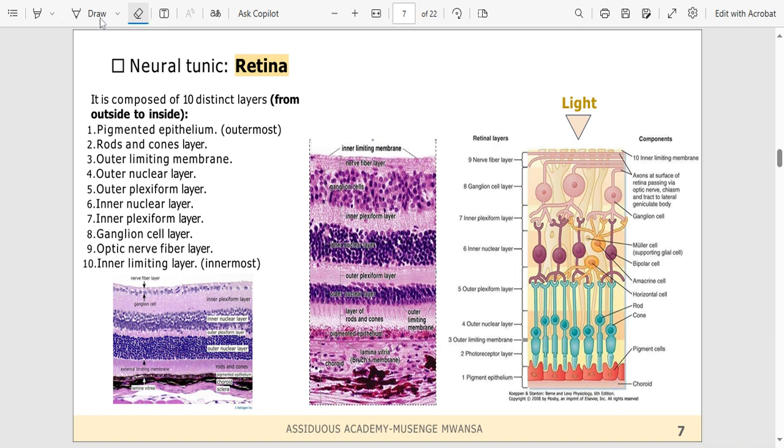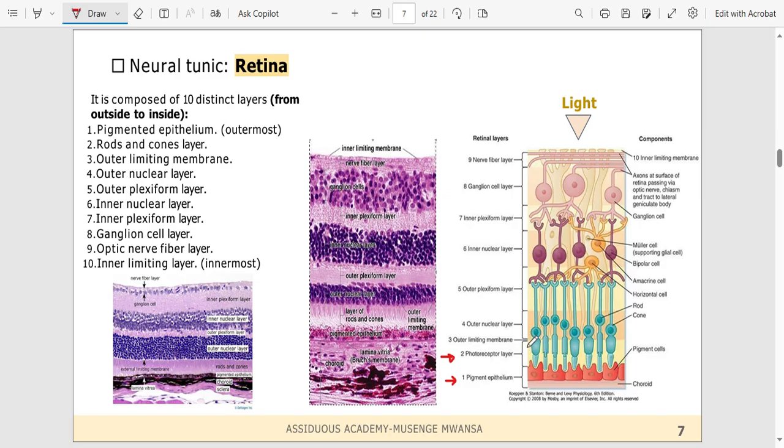So starting from the very bottom, you have got the pigment epithelium, that's the first layer of the retina. After the pigment epithelium, we're going to see the rods and cones. So we're going to have the photoreceptor layer. This is a photoreceptor layer because this is where light is going to come and strike.